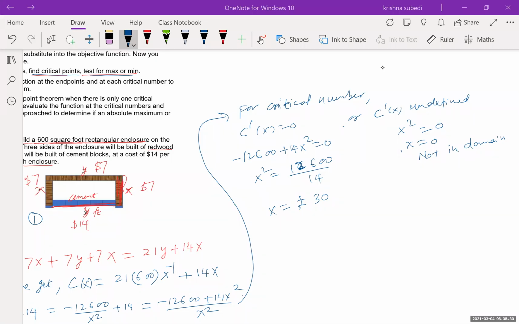Notice that x is the length of the rectangular field, so it cannot be negative. Okay, since x is the length of the field, it cannot be negative.